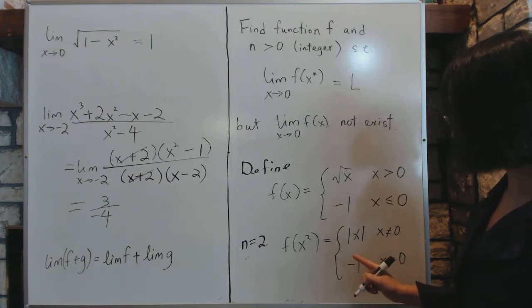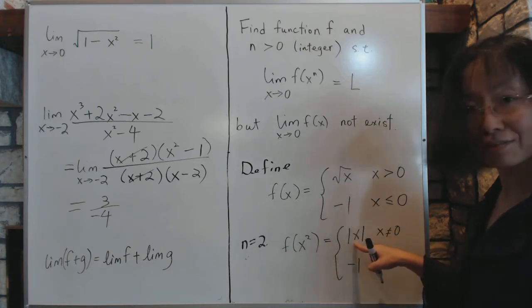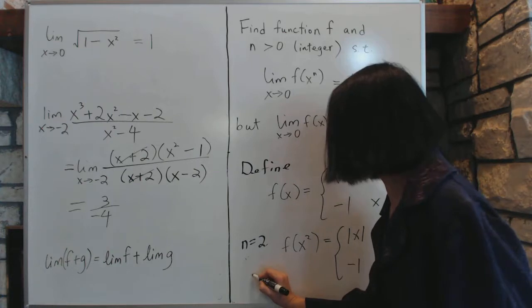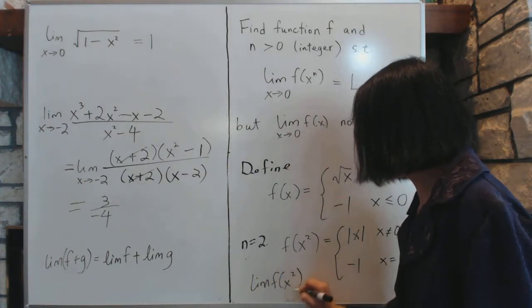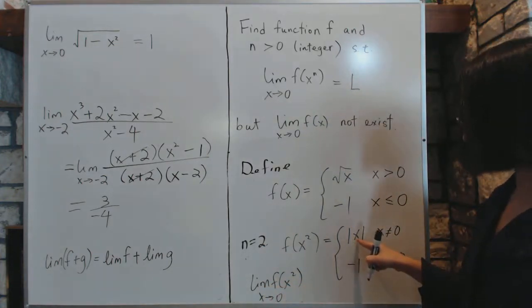So this thing is pretty good. It is a defined function, except that there's one point where it dropped to -1. So then what is the limit? The limit of f(x) squared as x goes to 0 is the limit of the absolute value of x.